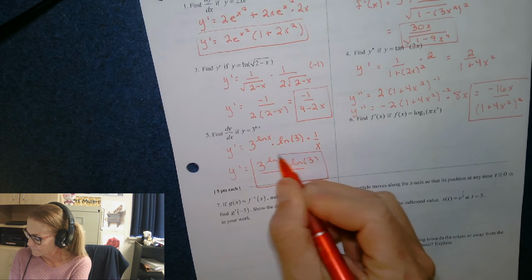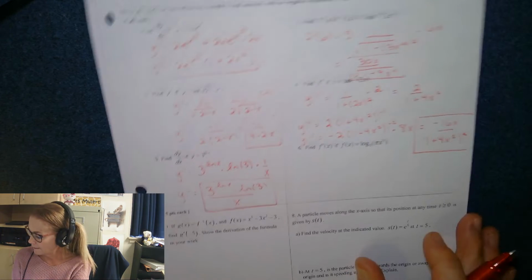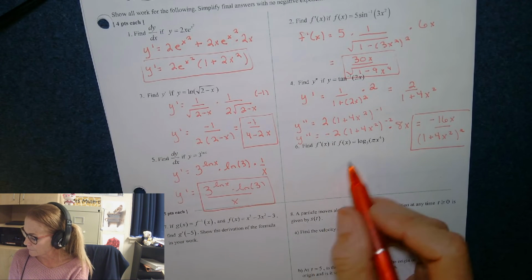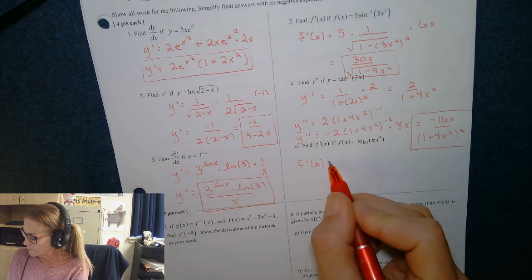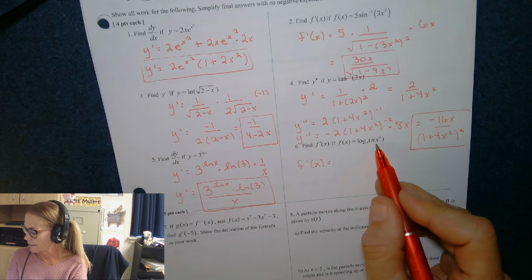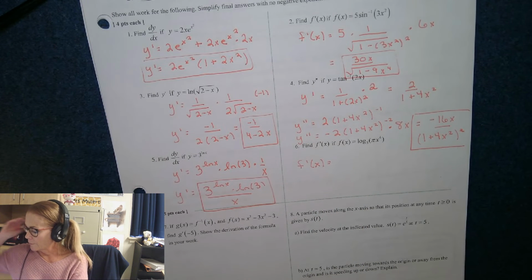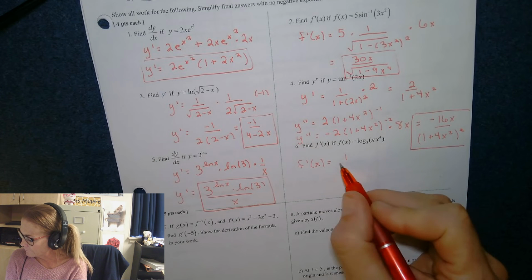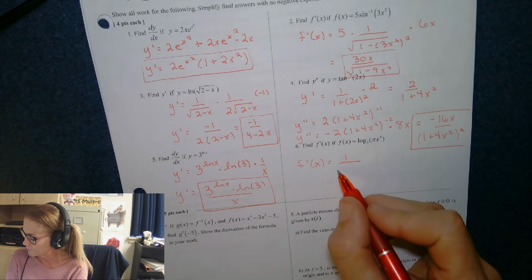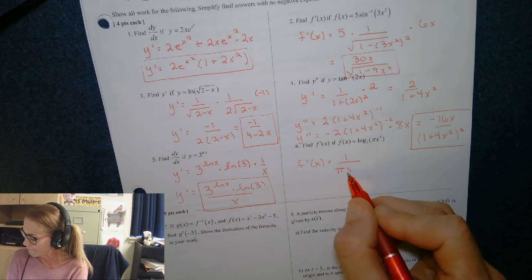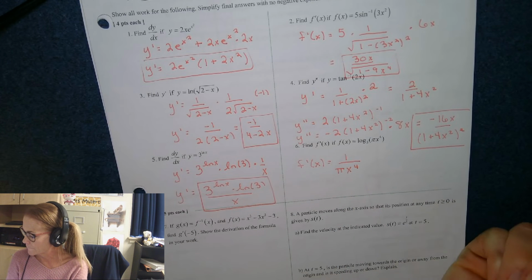All right, here is the last derivative in this first section. First derivative of log base 3 of pi x to the 4th. Okay, so this is going to be kind of like ln. It's just going to be 1 over this argument, right?